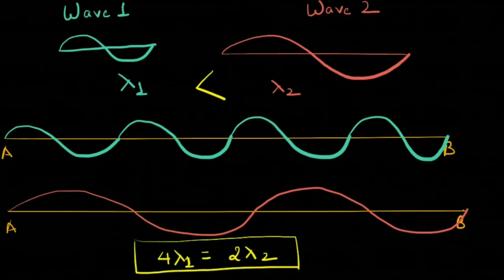So wave 1 covered the distance from A to B using 4 waves, 4 wavelengths, that means 4 lambda were involved, whereas wave 2 covered the same distance in just 2 waves, means just by jumping 2 times. So only 2 lambdas were used. So wave 1 jumped twice as compared to wave 2.